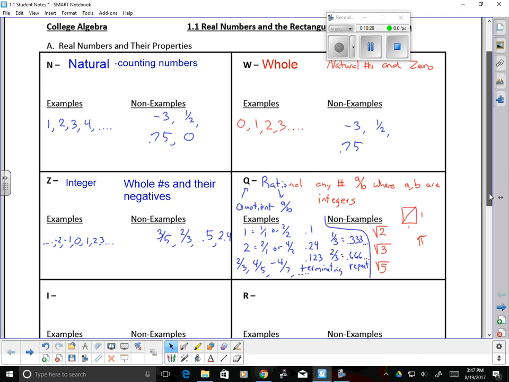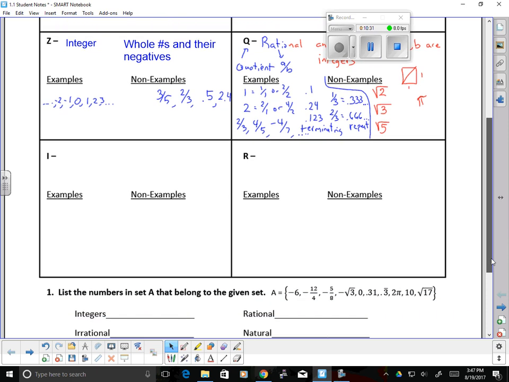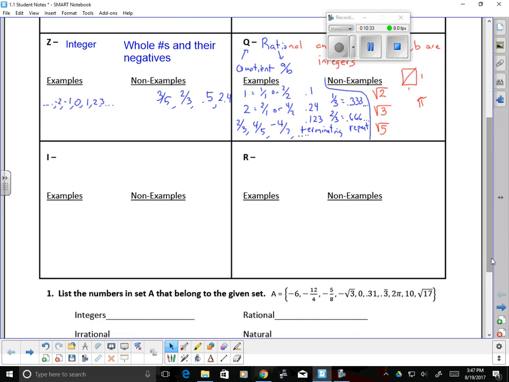We've got two more. Our last two deal with the ones we just talked about. So we just talked about the irrational numbers. Right? Irrational means not rational. So for the examples we just talked about, the square root of 2 is about 1.41, etc. There's no repeating pattern there.